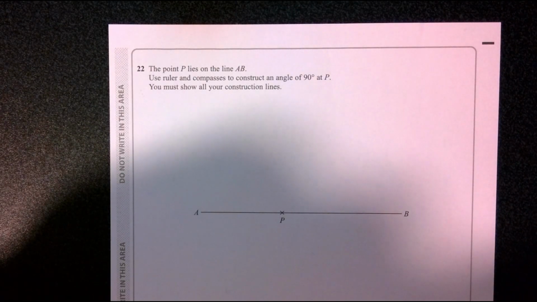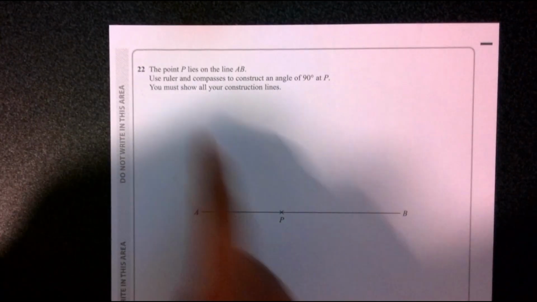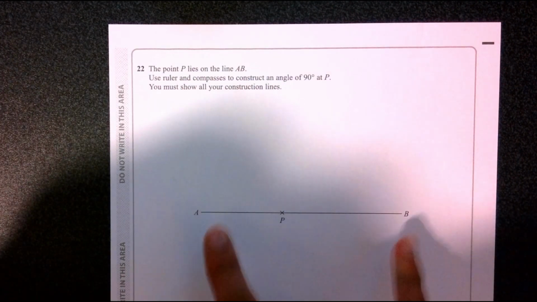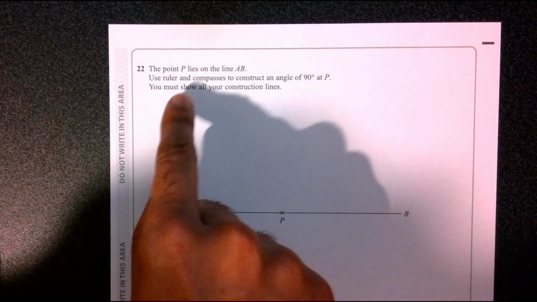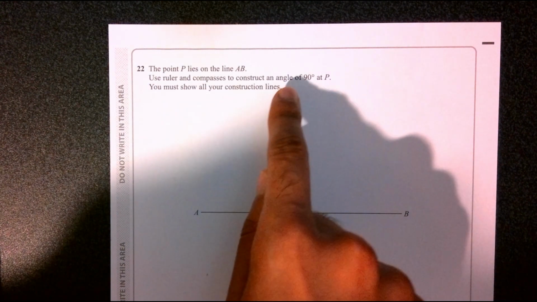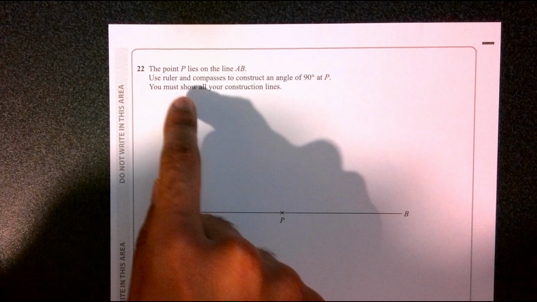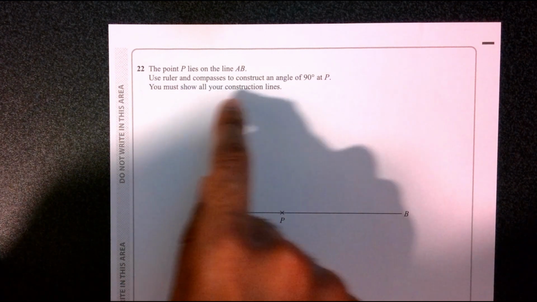Question number 22. The point P lies on the line AB. Use ruler and compass to construct an angle of 90 degrees at P. You must show all your construction lines.